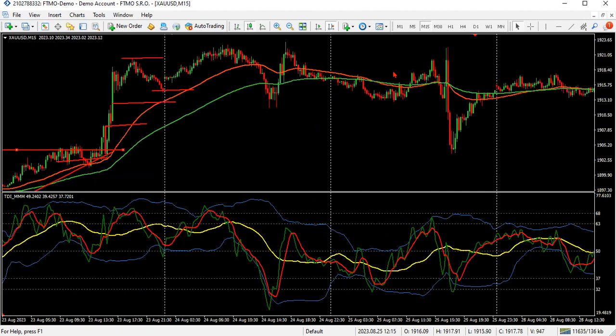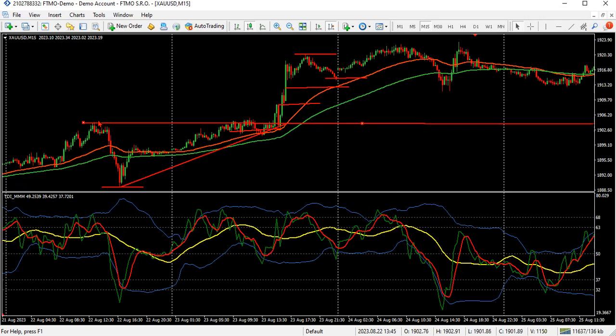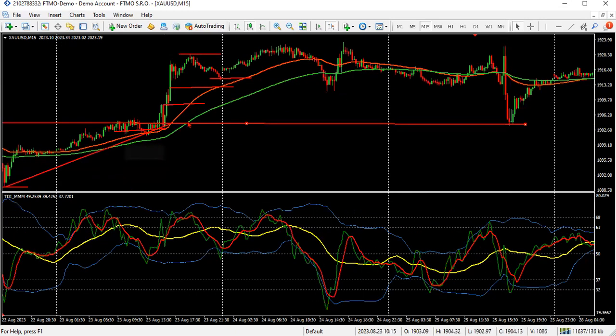Then it came back and filled this gap. It came all the way back down here and filled this gap from this move that happened from this high. So it pushed up, gave us this gap between these two portions, between this low.